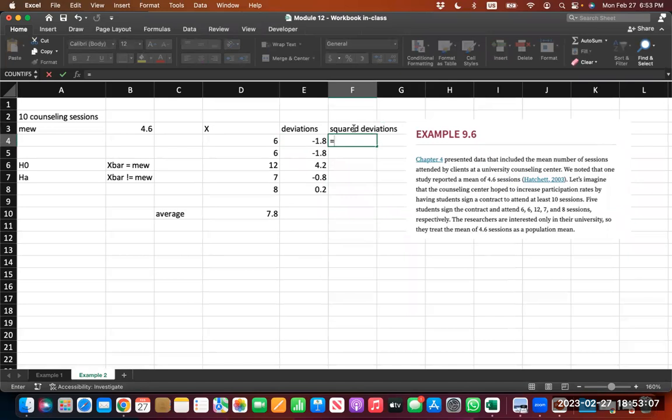We're calculating now these squared values and summing them out. That gets us to the sum of squares.